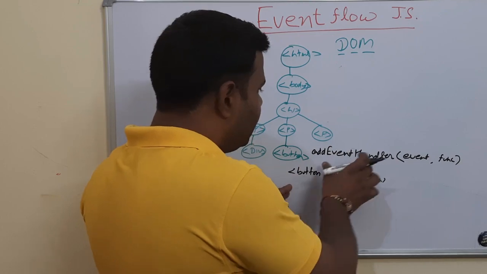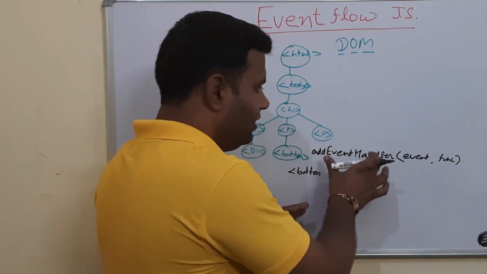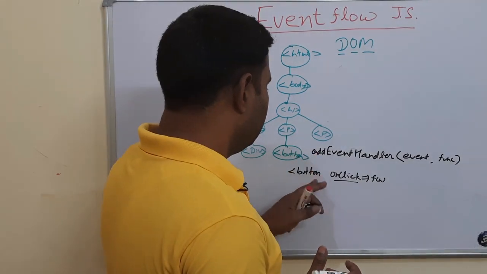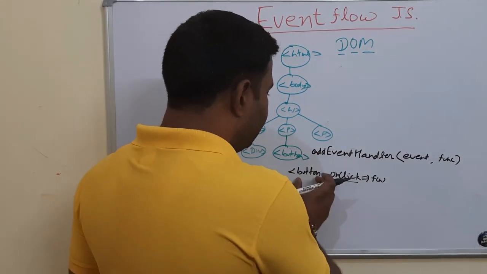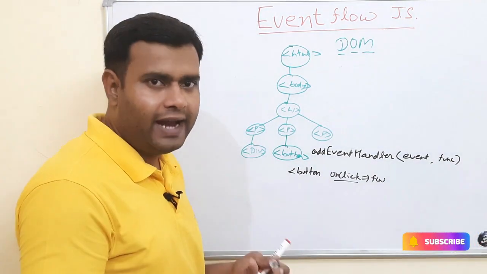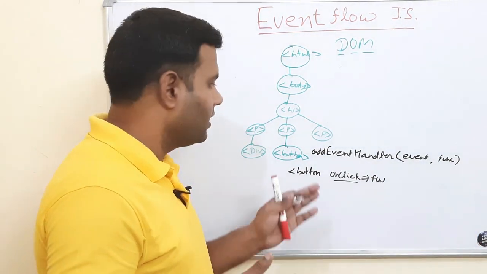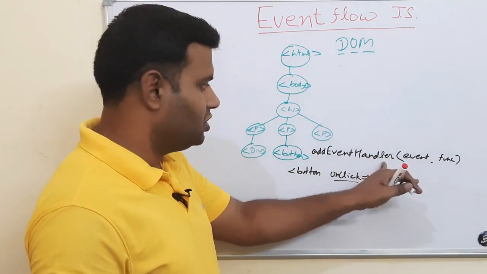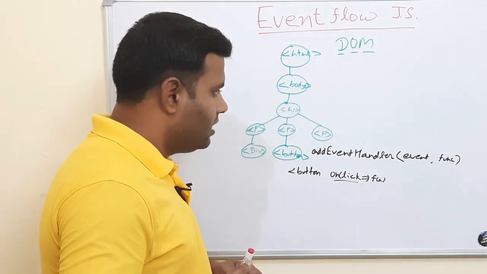On these elements we can register an event handler, a custom event handler as well. Using, let's say, getElementById in the HTML, whatever the ID of this element is, and we can register this event handler.